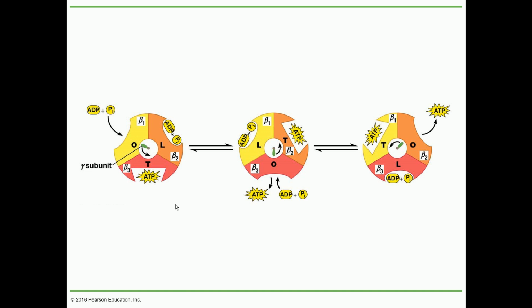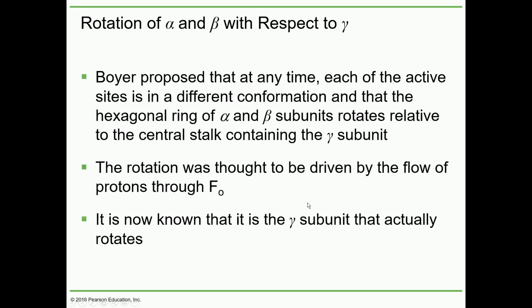So these are the conformations of the beta subunit. You can see here, it can go from O form to L form to T form. In the L form, ADP and phosphate bind loosely.